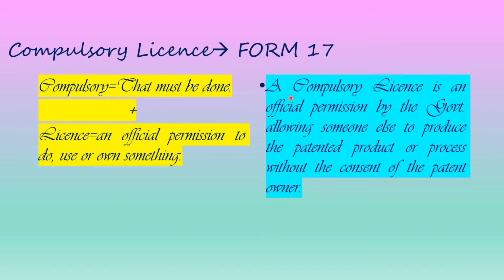A compulsory license is an official permission by the government allowing someone else to produce the patented product or process without the consent of the patent owner. Fine. So you can very easily differentiate between the literal meaning of compulsory licensing and the meaning in the world of patents.